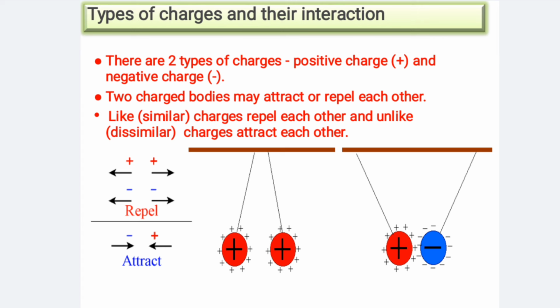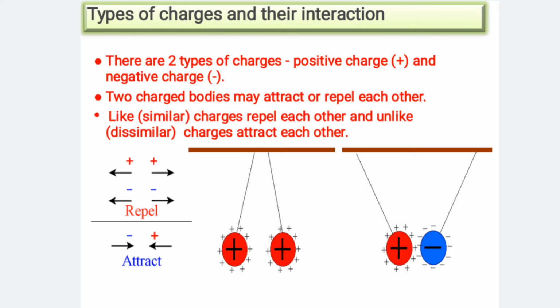Next, like or similar charges repel each other, and unlike or dissimilar charges attract each other. Same charges, for example plus plus or minus minus, repel each other. That is, they move away from each other. On the other hand, unlike charges like plus and minus attract each other, meaning they come towards each other.